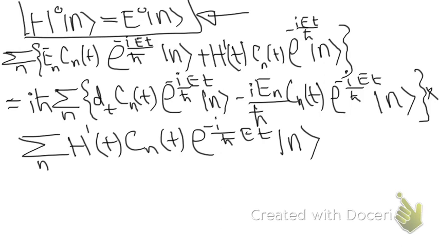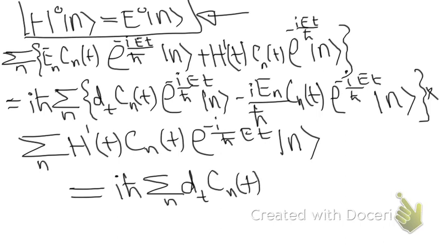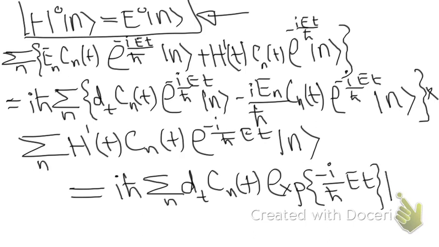Now all of this will be equal to iota ħ sum over n of dc_n of t, exponential of negative iota over ħ E_n t, on my state n. So this is what we have now.